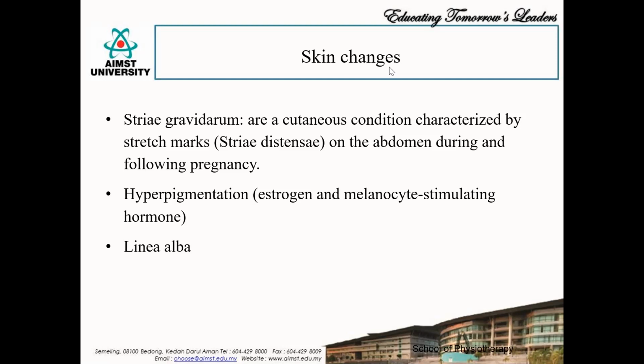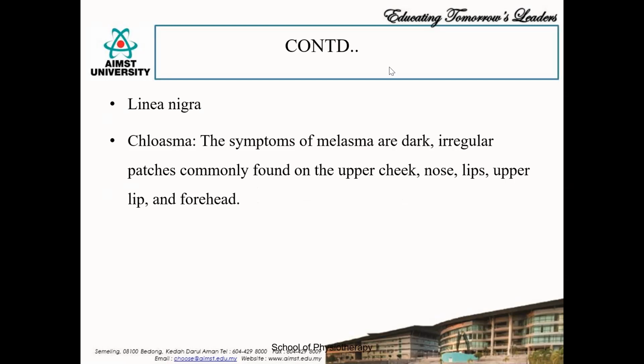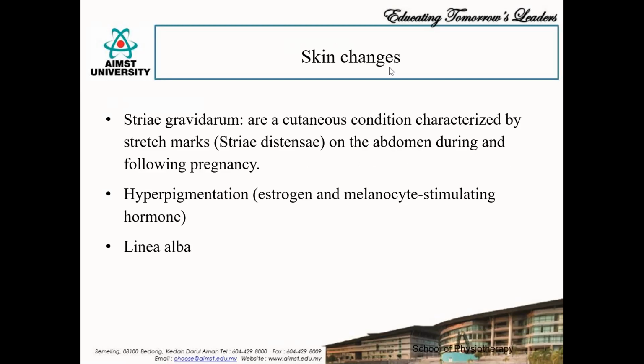Next is linea alba and linea nigra. In the last class we saw about the rectus abdominis muscle. The rectus abdominis muscle is a sheath that runs from the xiphisternum to the lower part. It has a separation in the middle, and because of the distension of the abdomen, this separation will elongate, and that is called linea alba.